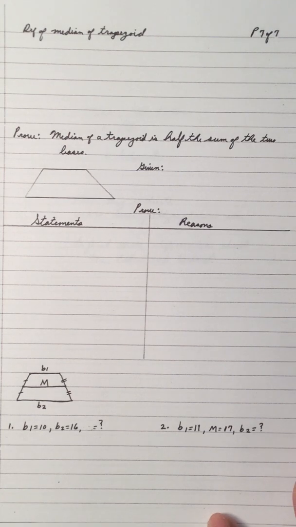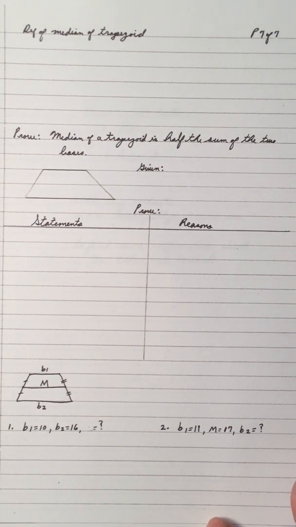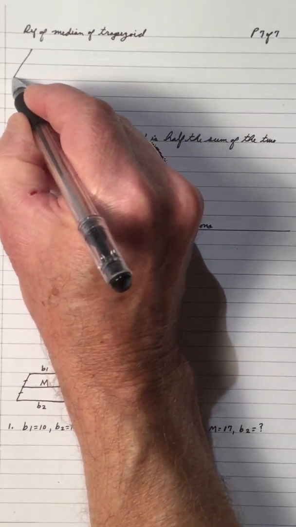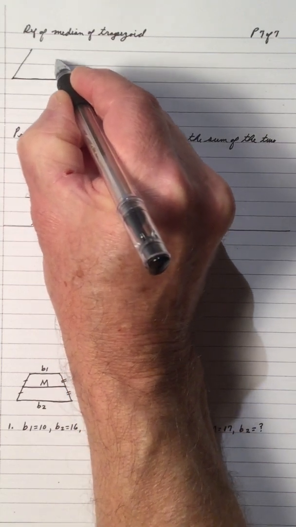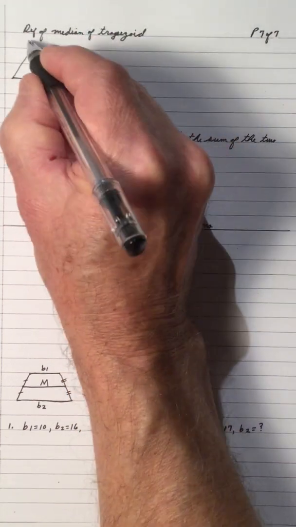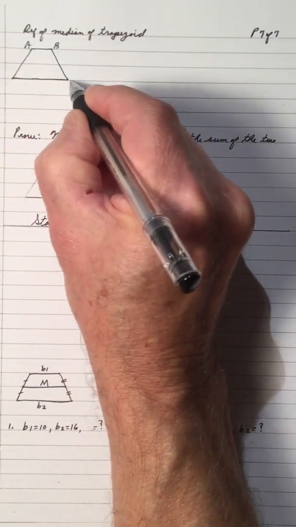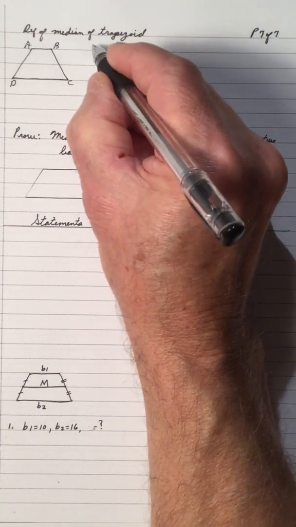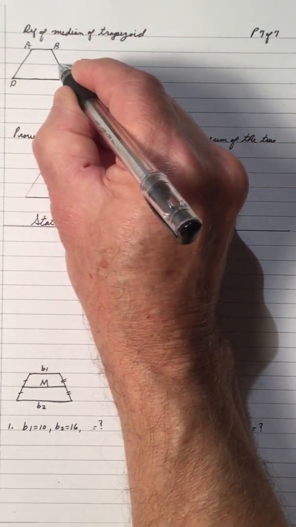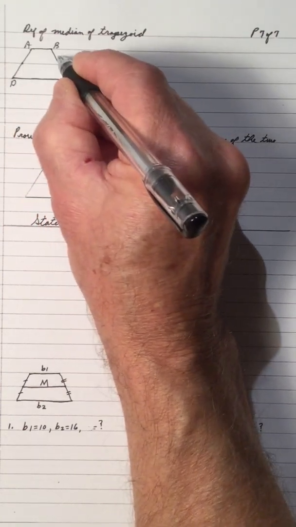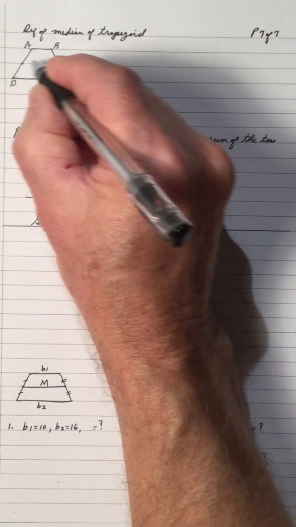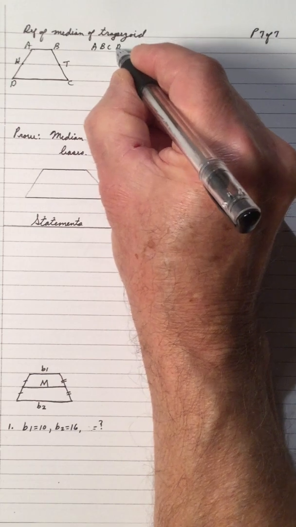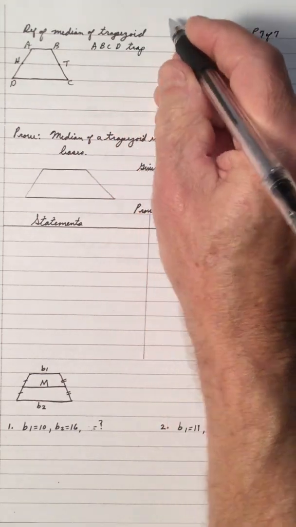Now we have another idea going on with a trapezoid. The definition of a median. Well, let's draw a trapezoid. Here we are. A, B, C, D. And this is a trapezoid. And now, if we pick up these 2 midpoints here, so if we call this a T and an H, so we have A, B, C, D is a trapezoid.